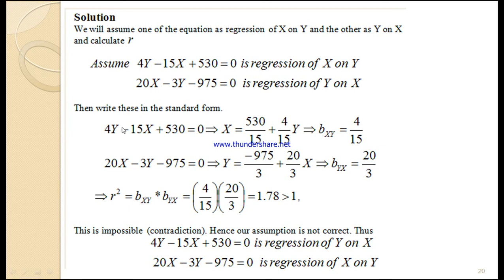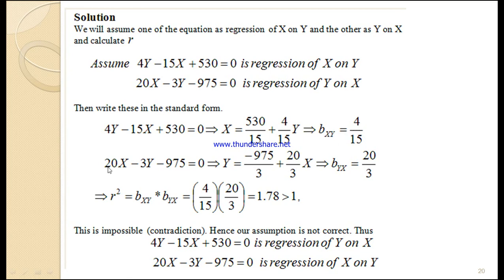Let us write them in standardized form. 4y minus 15x plus 530 is equal to 0 is the same as x is equal to 530 over 15 plus 4 over 15 times y, which implies b sub xy is equal to 4 over 15.